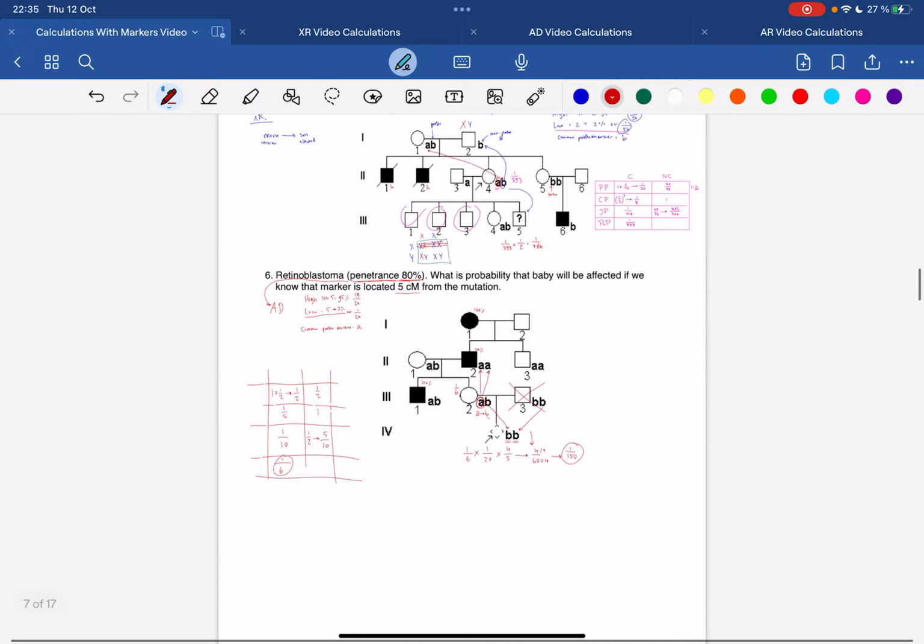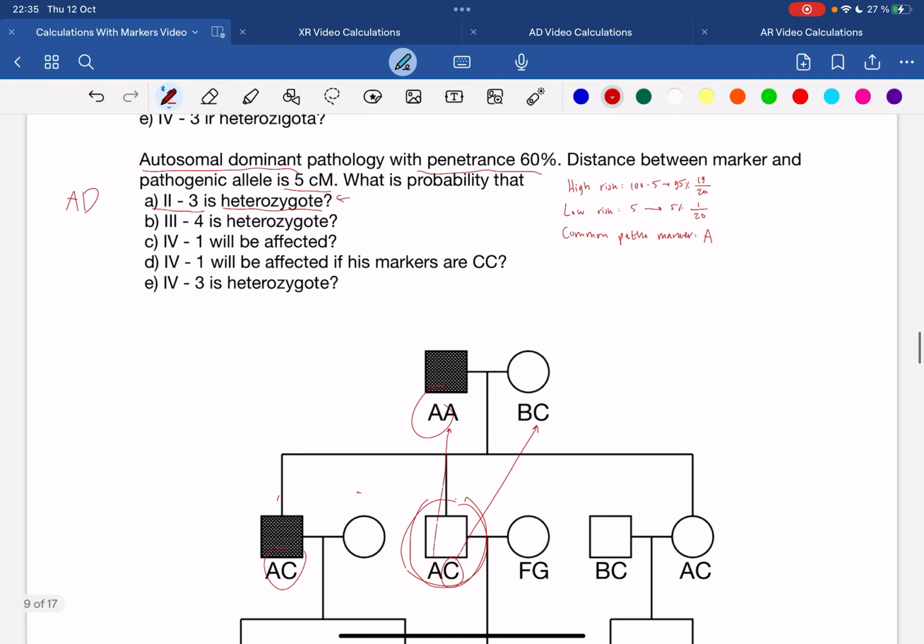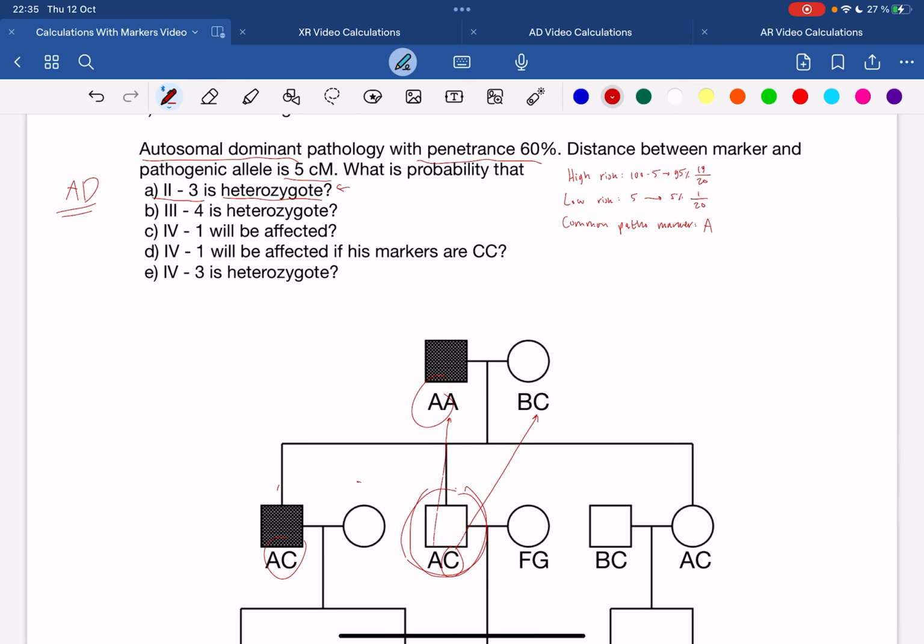It's unknown if this person got the healthy or the unhealthy allele that marks for A. So in our case, we revert back to what we know, which would be half. However, since this is autosomal dominant and we are unsure of this person's probability, we have to use what? A Bayesian table.